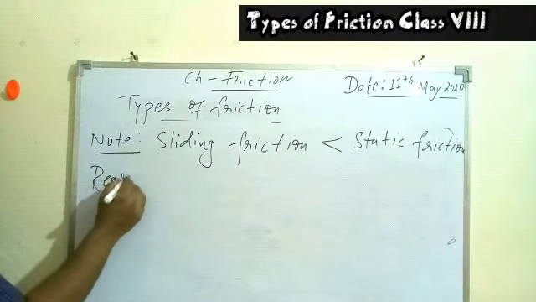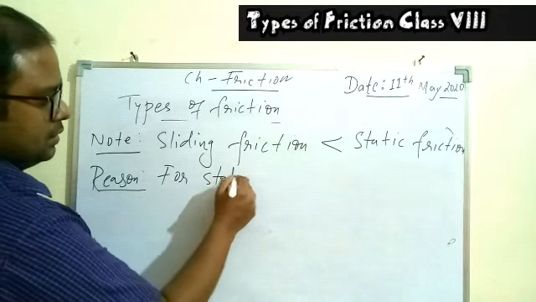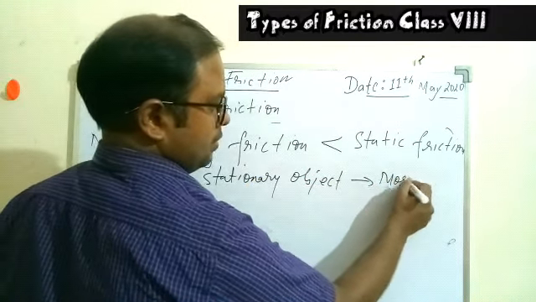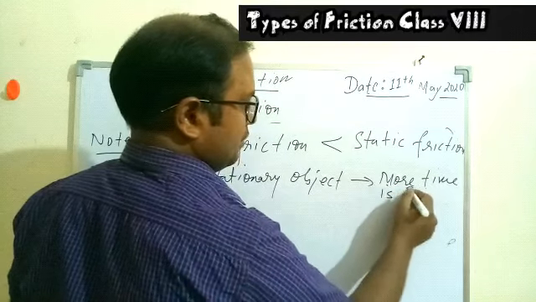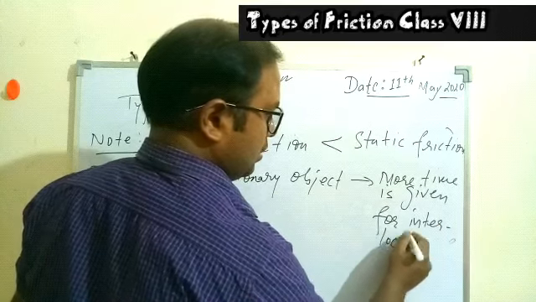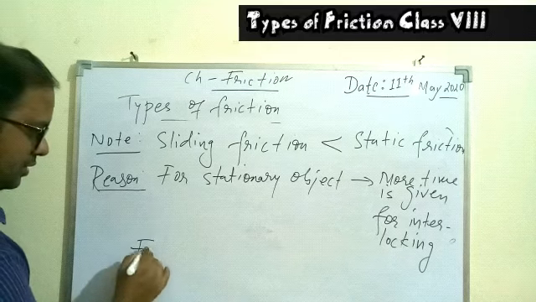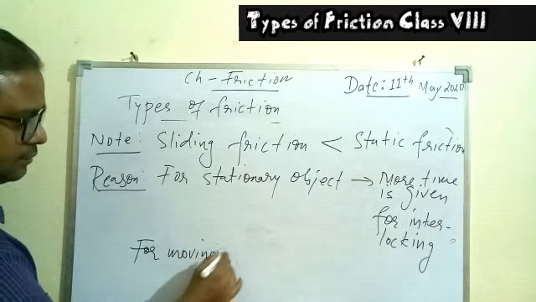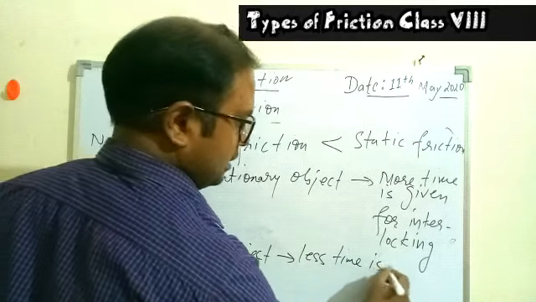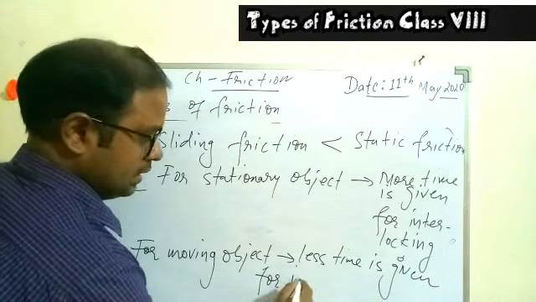And the reason we understood: for a stationary object more time is given for interlocking, and for a moving object less time is given for interlocking.